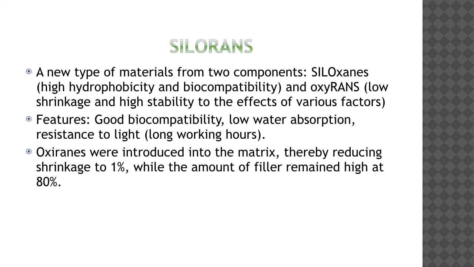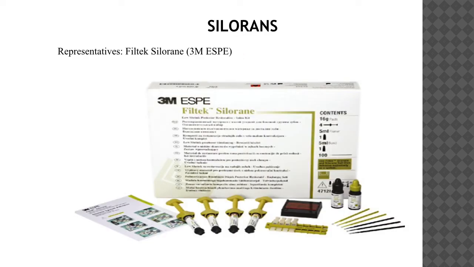Oxiranes were introduced into the matrix, thereby reducing shrinkage to 1%, while the amount of filler remained high at 80%. The representative of siloranes is Filtek Silorane by 3M ESPE.